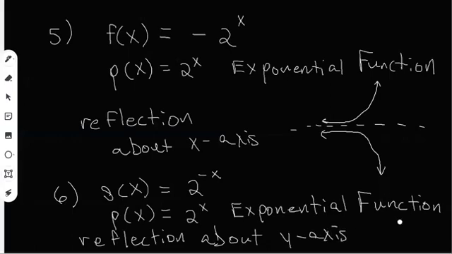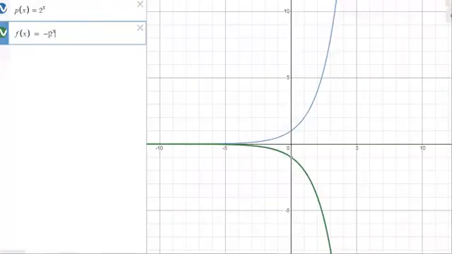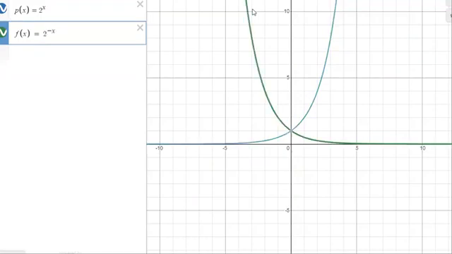So now let's take a look at what this is going to look like. Let's go on back to our graphing calculator, and this time I'm going to get rid of the negative out in front, and I'm going to put the negative on the x. Okay. Now, do you see the difference between the blue function and the green function? The blue function has been flipped over the y-axis. So now you see exponential decay.